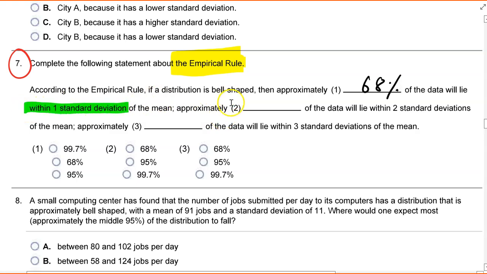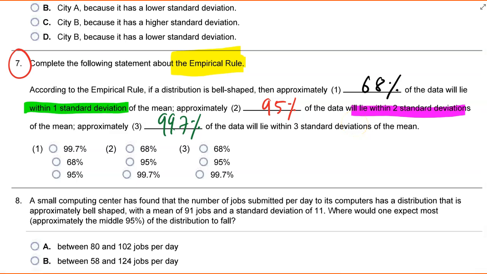Approximately 95% of the data will lie within 2 standard deviations of the mean. Finally, approximately 99.7% of the data lies within 3 standard deviations of the mean. Therefore, that's the empirical rule.